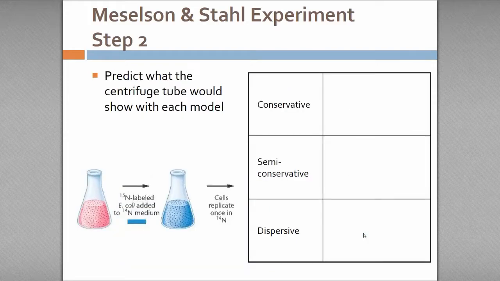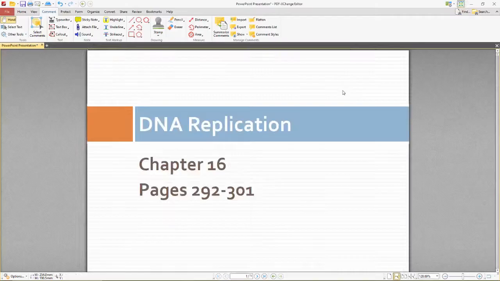So if we say that there's a conservative model and one round of replication has happened in heavy nitrogen and then another one in light nitrogen, could you guys hypothesize what the DNA might look like if it was a conservative model?